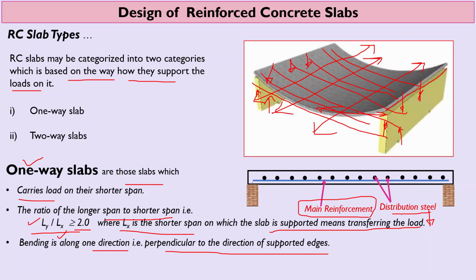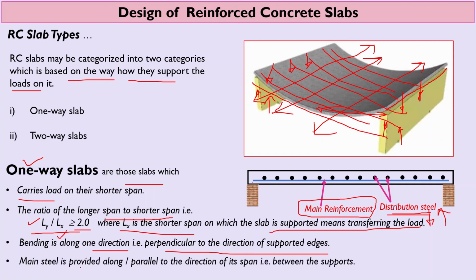So sometimes this distribution steel is also known as temperature steel. You have to provide minimum steel as per IS 456, and that minimum steel will be termed distribution steel.